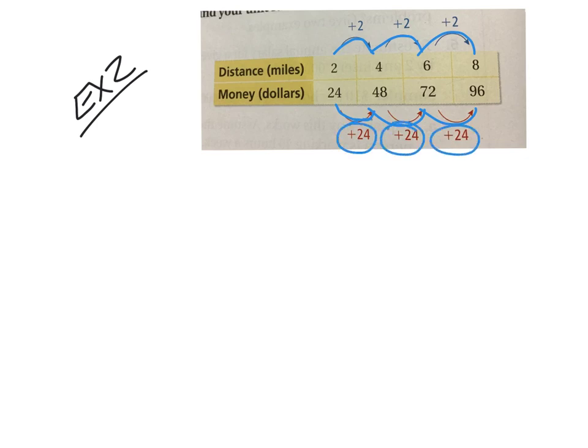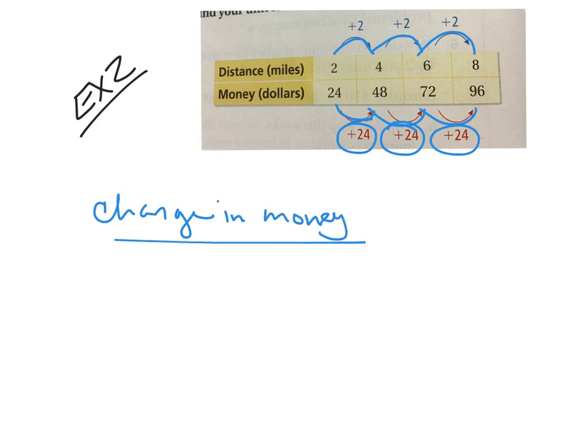So we could say our unit rate is the change in money, on top, over the change in distance, because they're trying to find out how much you raise per mile. So you put the money on top, miles on bottom. Does that make sense? Each time we measured the money, how much was it? 24.